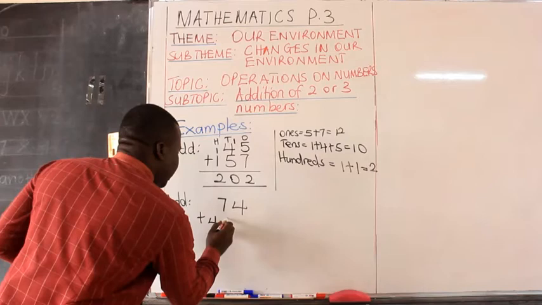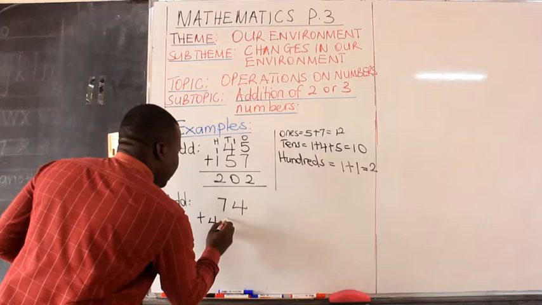So we shall begin by adding ones, then we move on to the tens place value. So we shall add ones, which is 6 plus 5, which gives us 11. So we write the one in the ones place value, then this other one we move to the tens place value. We carry it. Then we move to the tens.